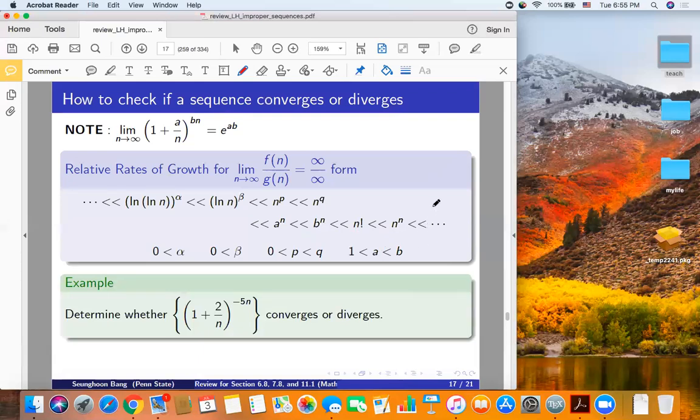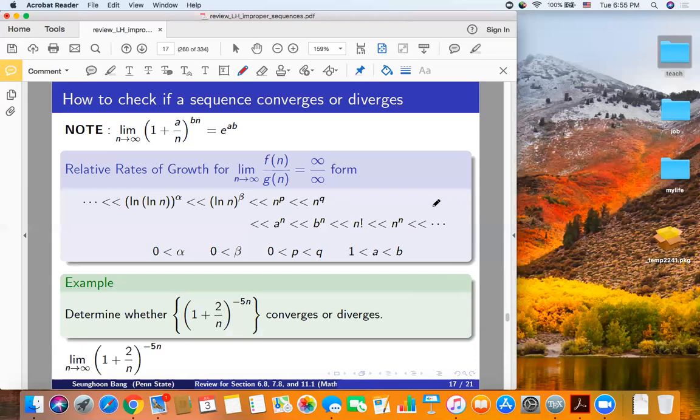Determine whether the sequence converges or diverges. What is the answer? This sequence converges or diverges? Converges, you're right. What's the convergence number? e to the negative 10, right.